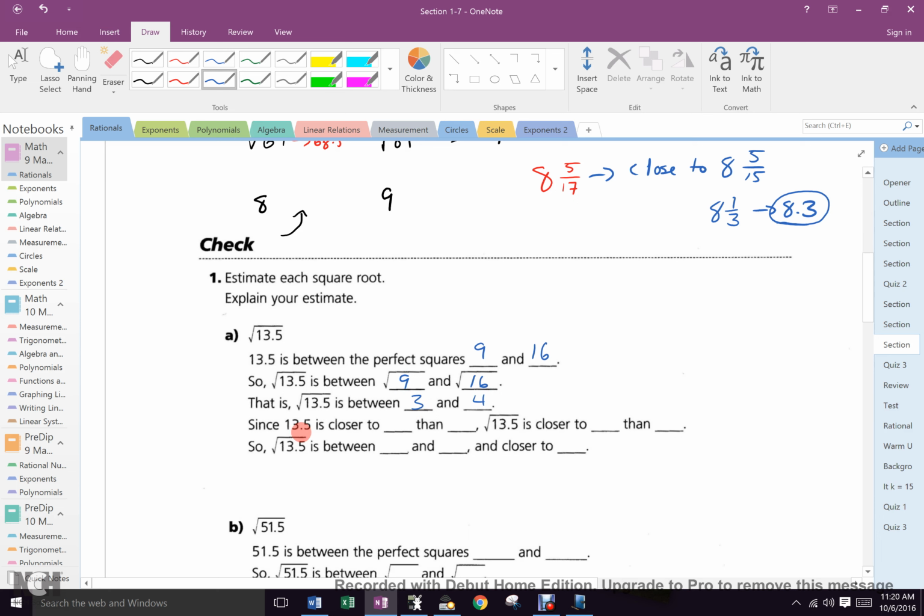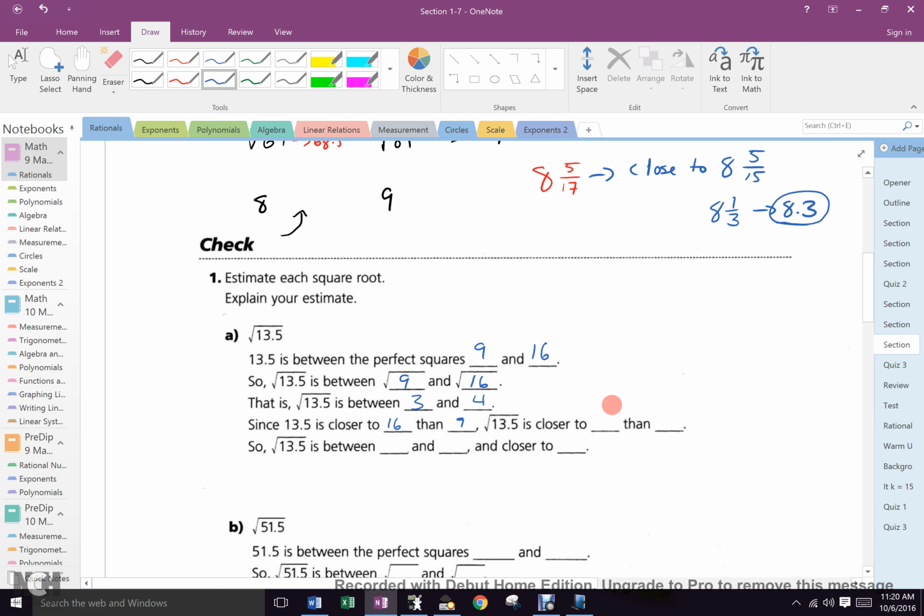4. Is 13.5 closer to 9 or closer to 16? It's closer to 16, isn't it? Is it past halfway? Yes. Yep. So it's closer to 16 than 9. So the root must be closer to 4 or 3.